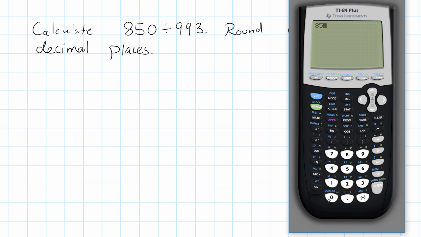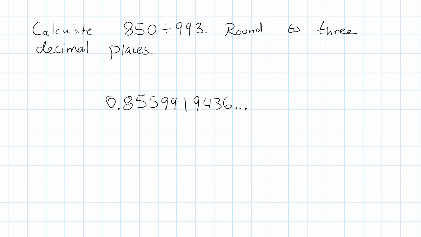So I'll punch in 850 divided by 993, and I get this horrible decimal. But now, instead of naming the place to round to, my instructions say how many decimal places I want. That is, how many digits I want after the decimal point in my answer.